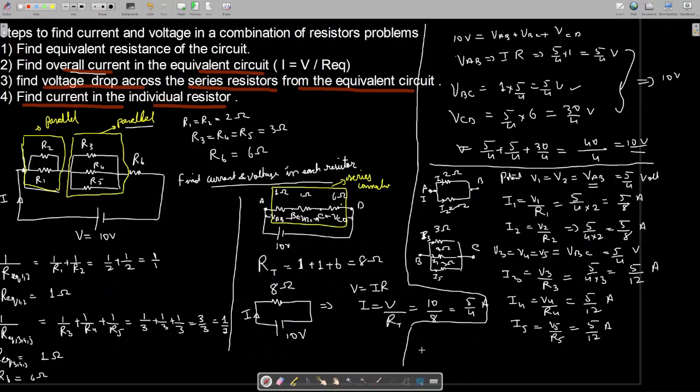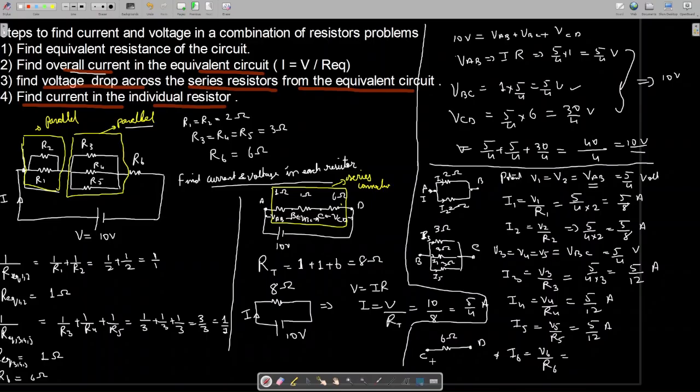Now between the nodes C and D, we have a series resistor which is equal to 6 ohm. So the current will be I6 equal to V6 by R6.